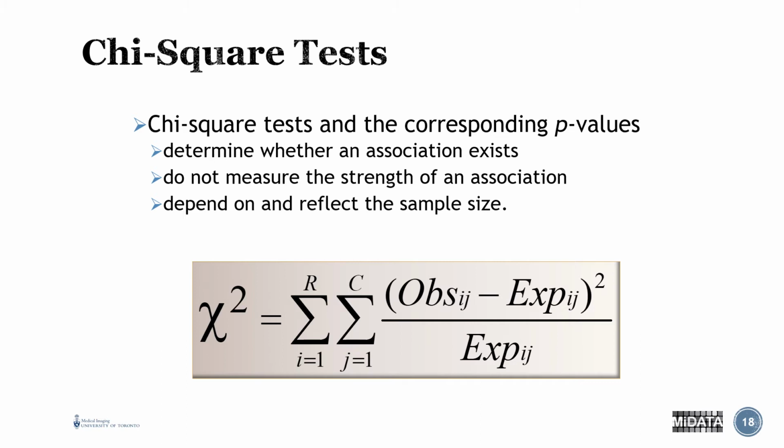If you look down here, this is your chi-square. It is the sum, for each row and column, of the observed minus the expected for that cell, squared, divided by the expected.